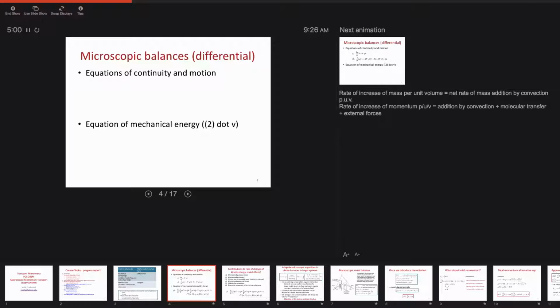Everybody ready? Continuity and motion. So change of mass and change of momentum.